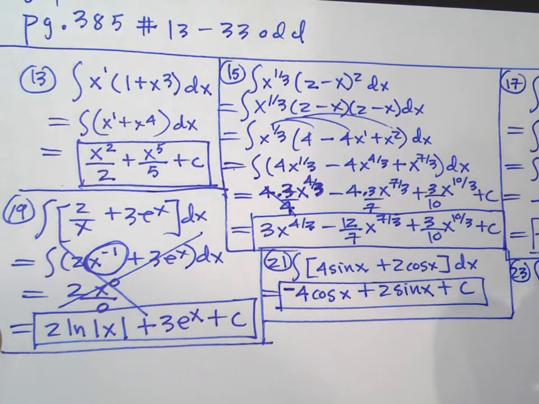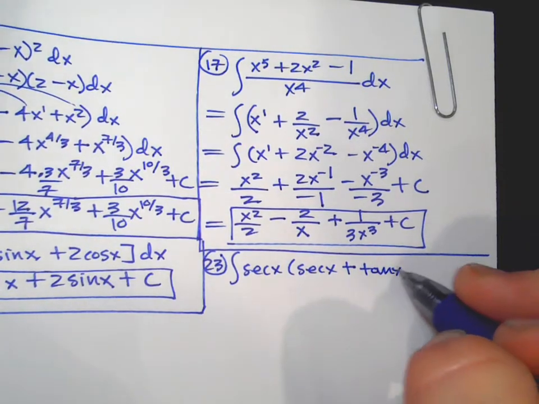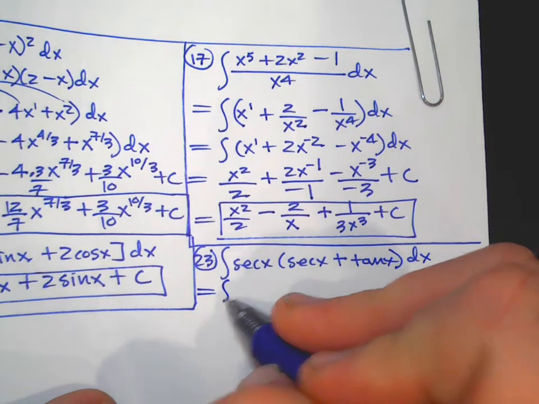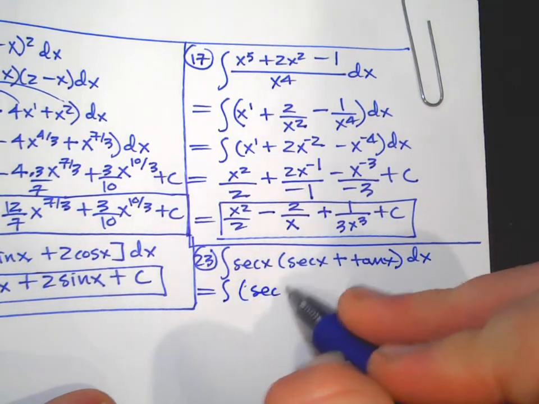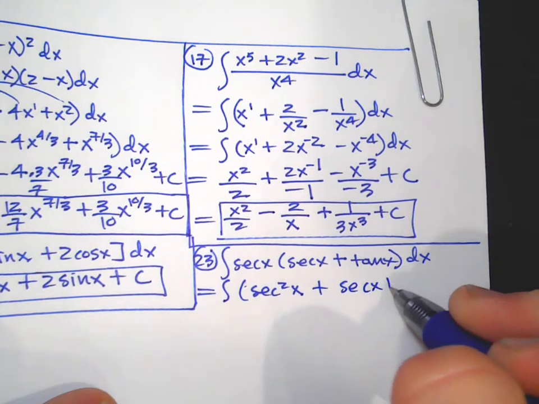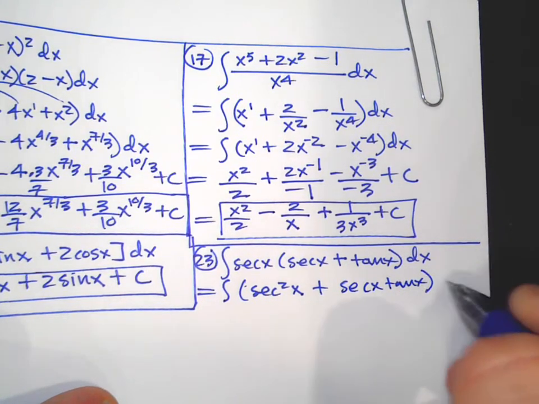23, the integral of secant x plus tangent x dx. Now, it might be helpful to distribute this, and you get secant squared x, and then you get secant x tangent x dx.